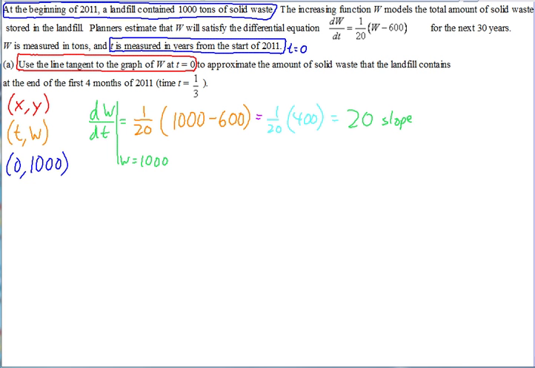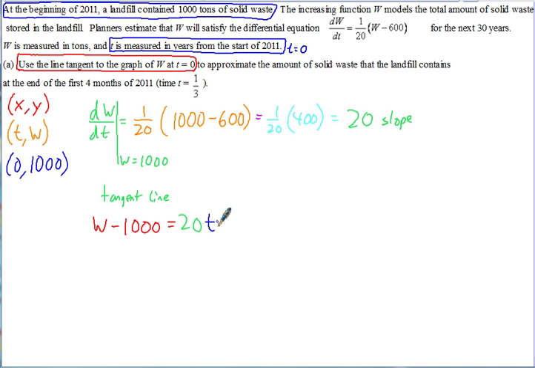So the tangent line here would be, normally it's y, but here it's w, so it would be w minus the w coordinate, 1,000, equals the slope, 20, times normally the x minus the x coordinate, but here it's t, so it would be 20 times t minus 0, which is just the same as t.